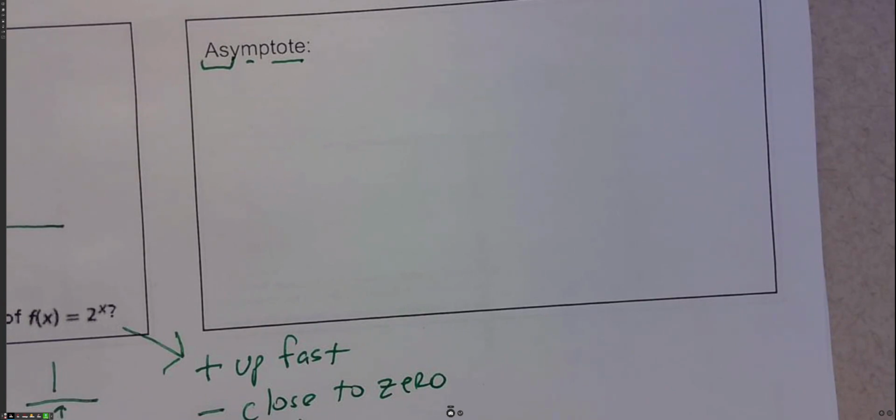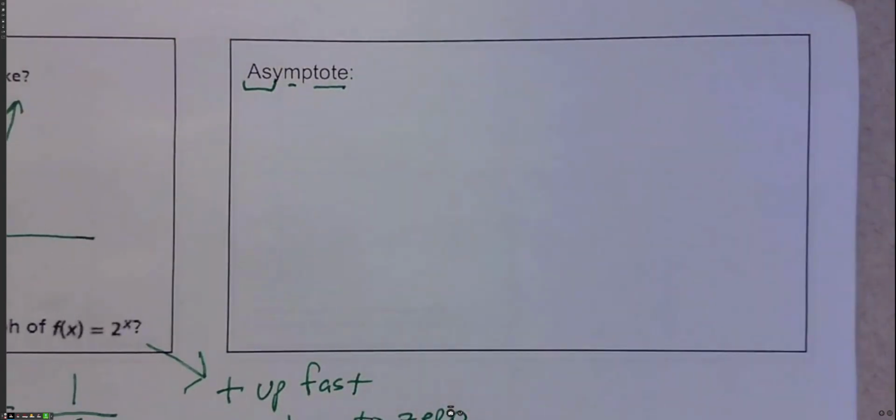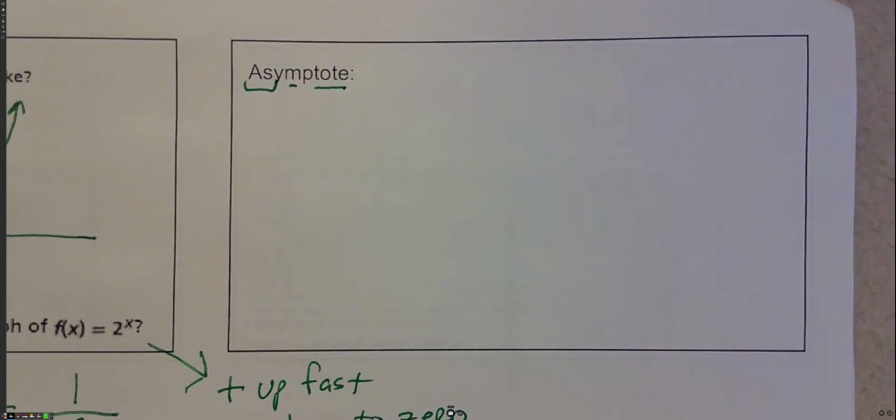If you're in the hallway, you might want to add M tote to the end of it and you won't get in trouble. But it's ass, M, tote. And that P kind of disappears a little bit, but it's asymptote.